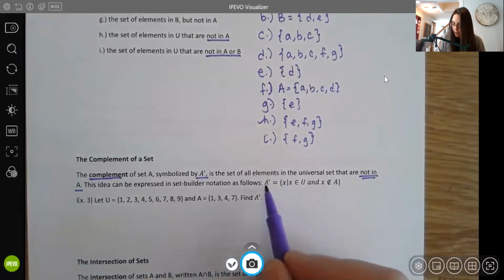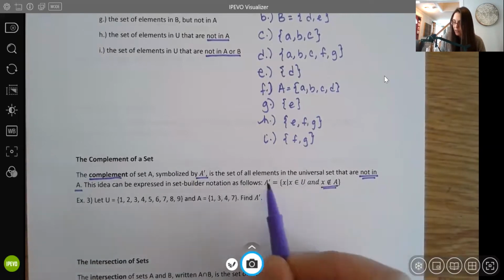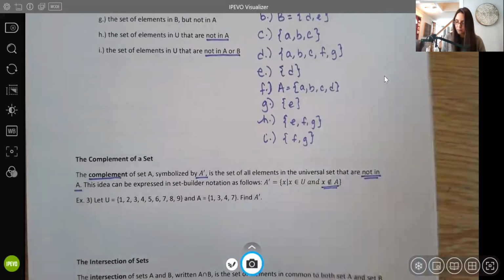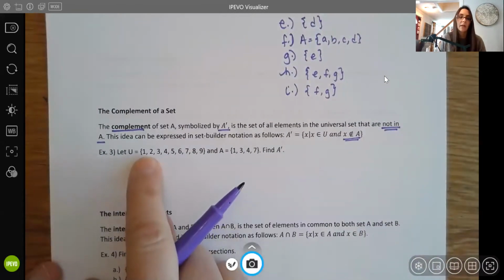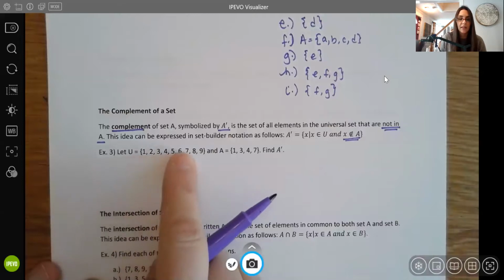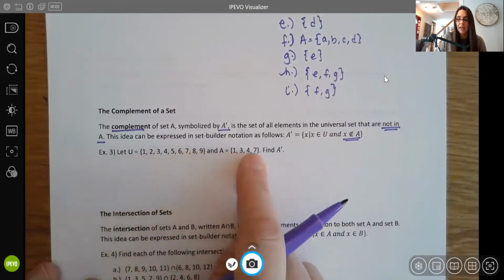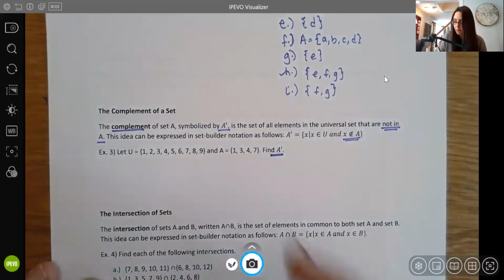So the complement of A would be all elements in the universal set that are, again, not in A. So it's almost like this idea of not, right? If you just think of not A, then you have the idea of the complement. So if we let U be the set of numbers 1, 2, 3, 4, 5, 6, 7, 8, 9, and A be the set of numbers 1, 3, 4, and 7, we're going to find the complement of A. So not A, right?